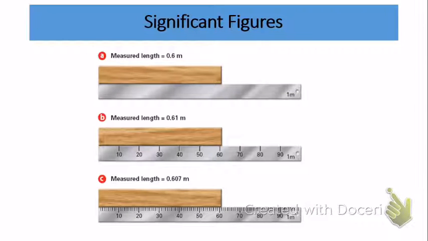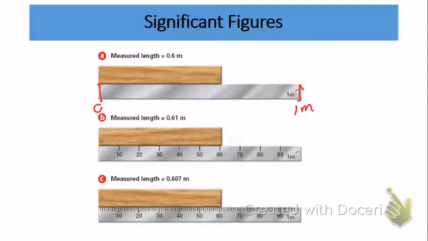So let's take an object here. We have a wooden rod here that we're going to measure the length of. And we have a measuring instrument, a meter stick, it looks like. On our meter stick, it has some dramatic limitations. So we know that the meter stick here is 0, and at the end it is 1 meter.